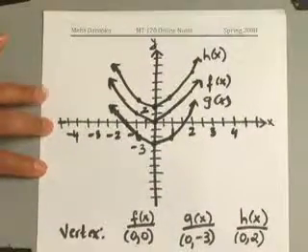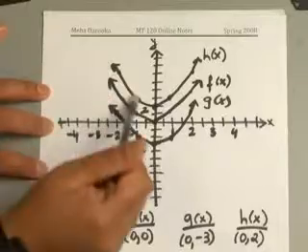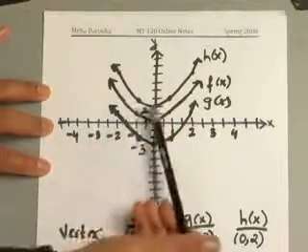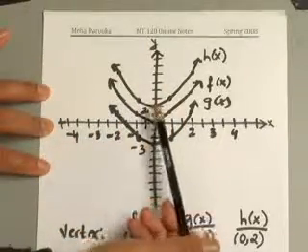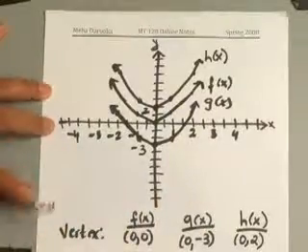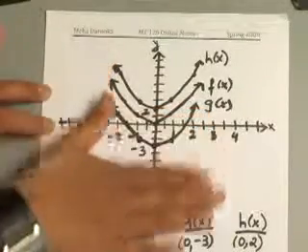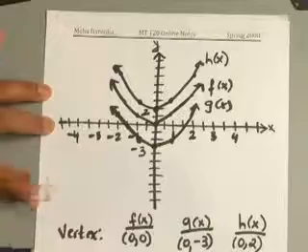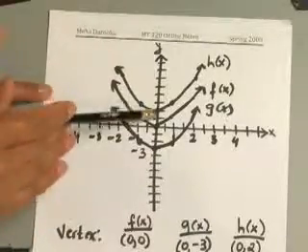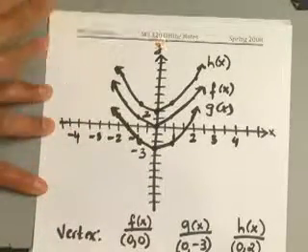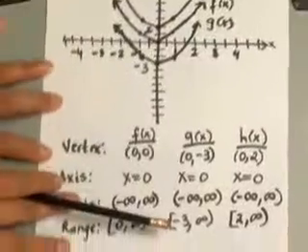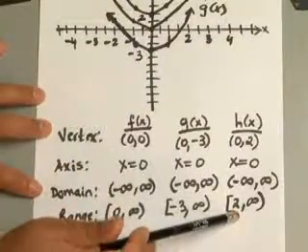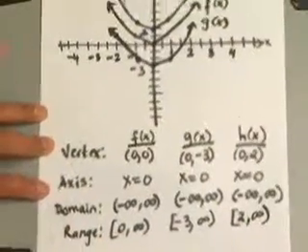Similarly, if you look at the h of x graph, which is this one right here at the top, you can see that we're starting at y equals 2. With respect to the h of x graph, you don't have anything below 2 on the y-axis, so you start at 2 and you're going up to all the positive side. So in this case, your range is going to be 2 to positive infinity.